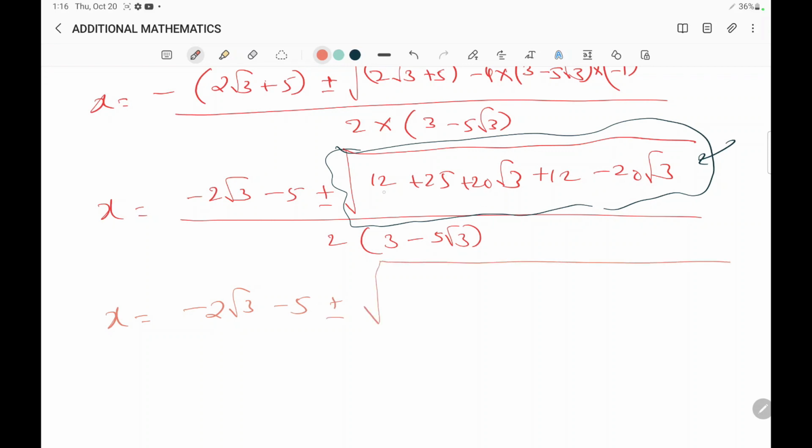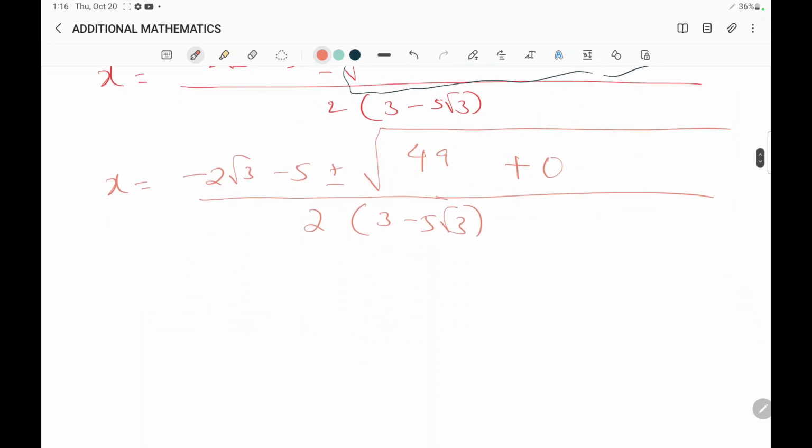This is 12 and this is 12, that's 24, and 25, that's 49, guys. And 20 root 3 minus 20 root 3 got cancelled, so that's 0. And this is 2 times 3 minus 5 root 3. Now x equals minus 2 root 3 minus 5.